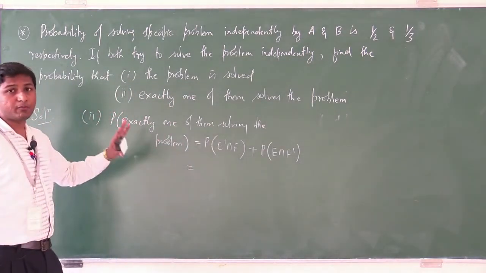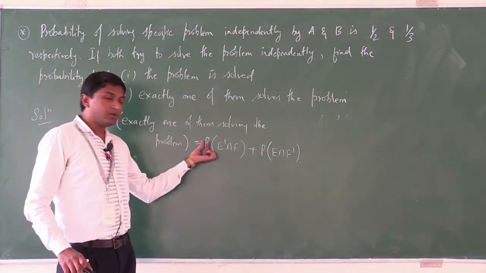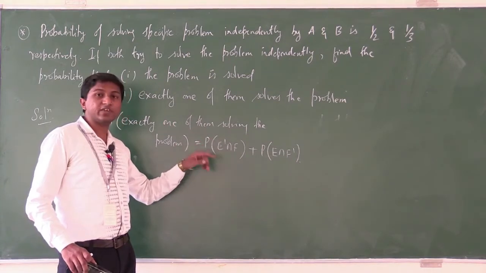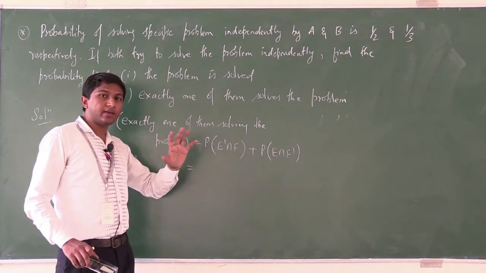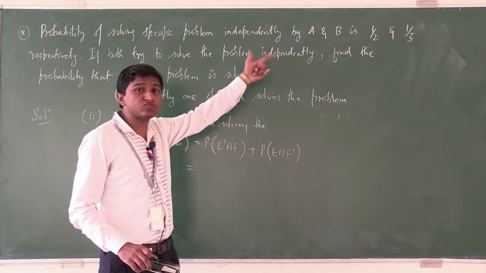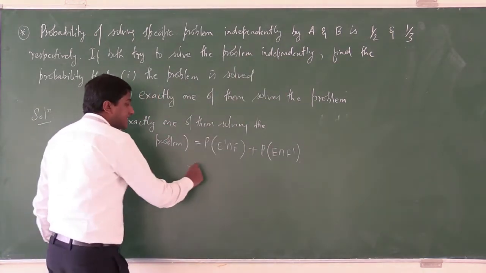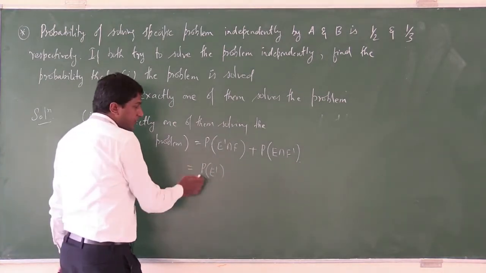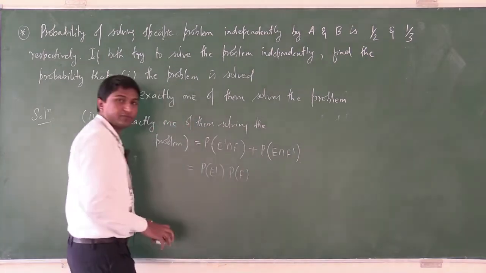Again, we will use the multiplication theorem on probability. Okay, what do we know? The two events are E and F. What is P of E dash? P of E dash is nothing but A does not solve the problem. But what is the probability that A solves the problem? It is 1 by 2. Hence, what is P of E dash? Before that, I can even write P of E dash into P of F. Why?